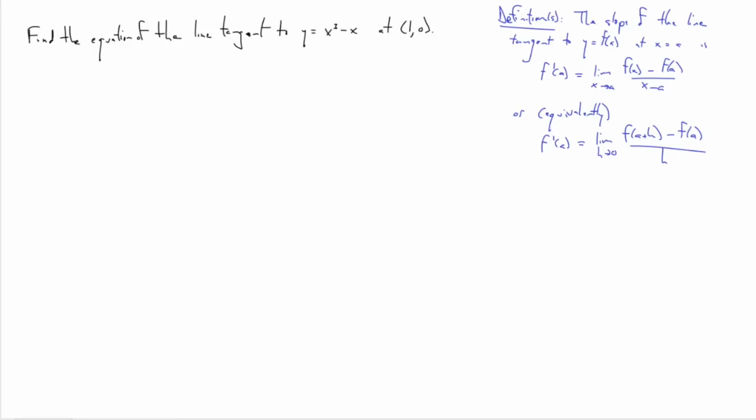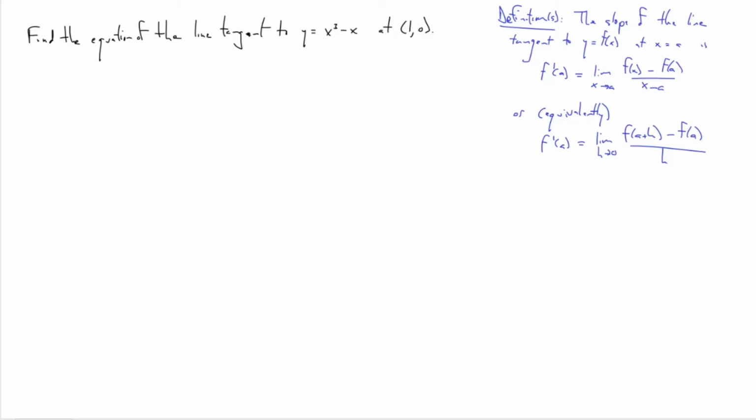The slope of the line tangent to the curve y equals f of x at some point a is the derivative of the function at a, f prime of a, which is either the limit as x approaches a of f of x minus f of a all over x minus a, or equivalently, f prime of a is the limit as h approaches 0 of f of a plus h minus f of a all over h.